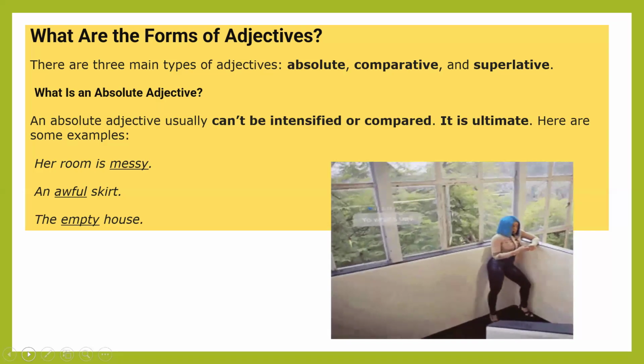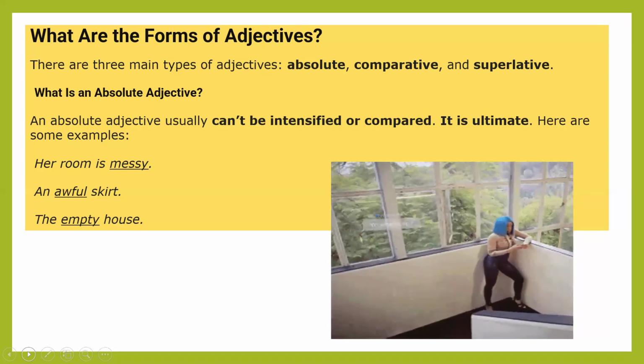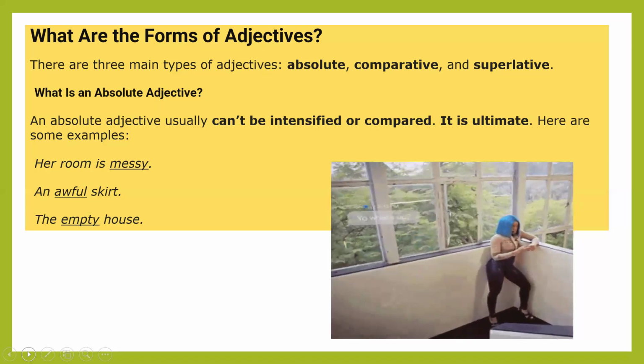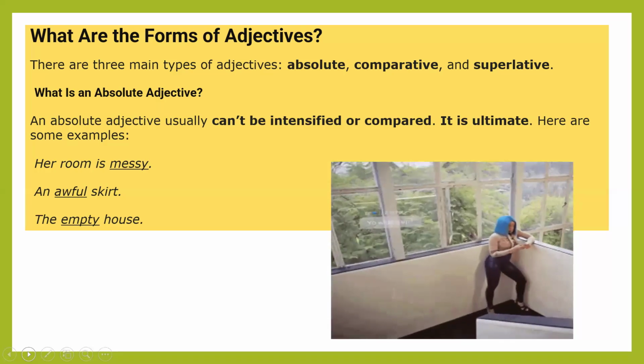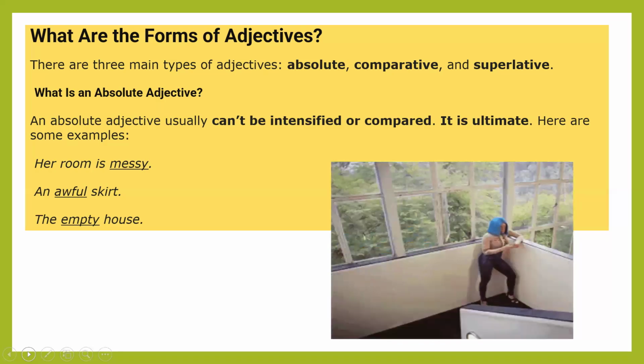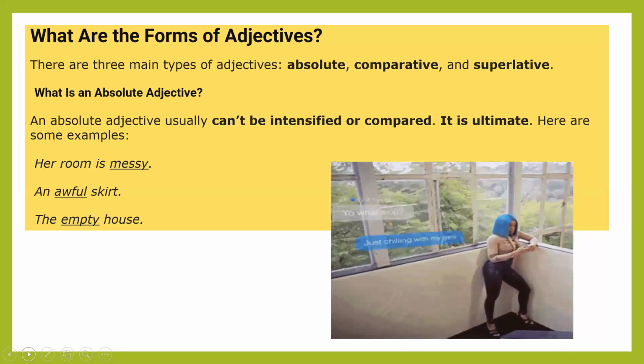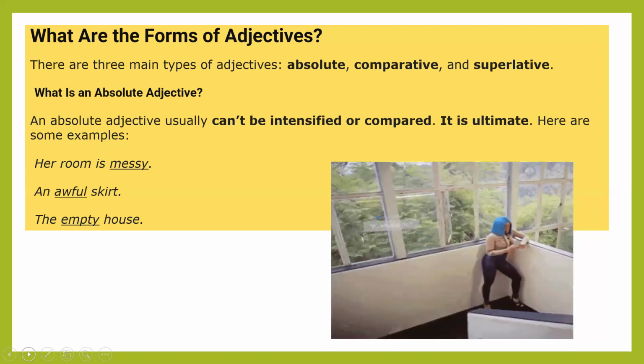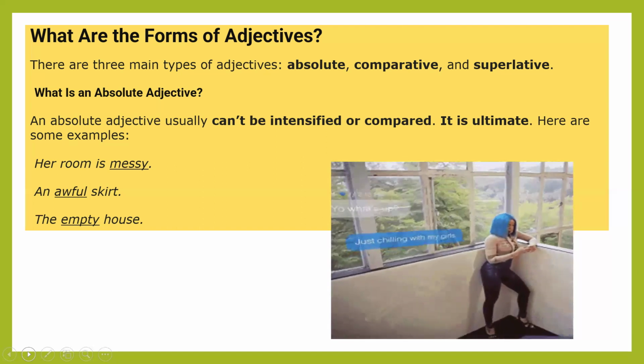Her room is messy, meaning very dirty. Messy in this case is an absolute adjective, an ultimate word given about the room. An awful skirt: awful is an absolute adjective.